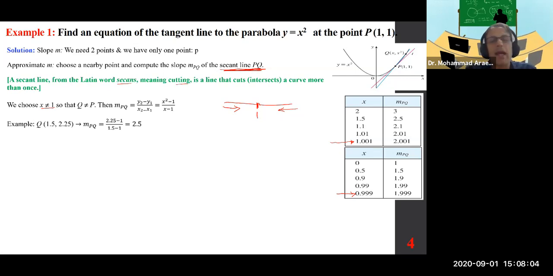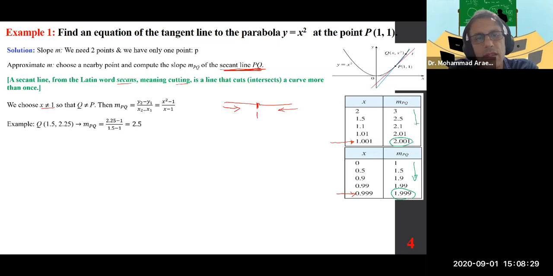So if you look at the slope, let me use a different color here. The slope here, notice the trend and the slope for this last one. There seems to be the slope is getting closer and closer to number 2.